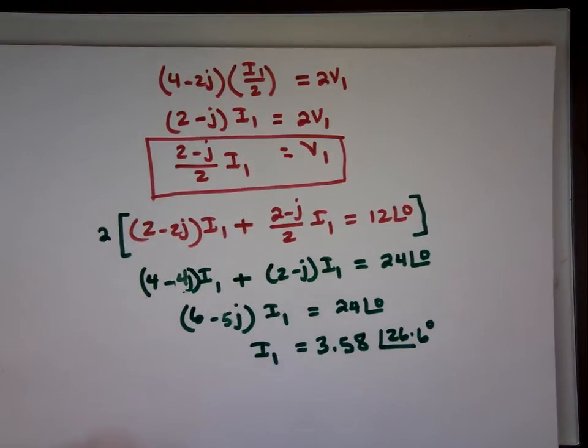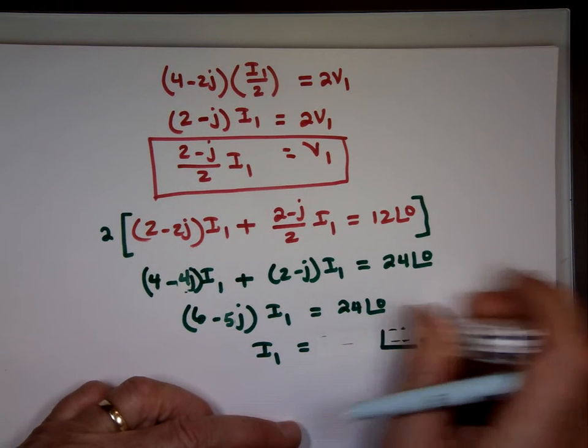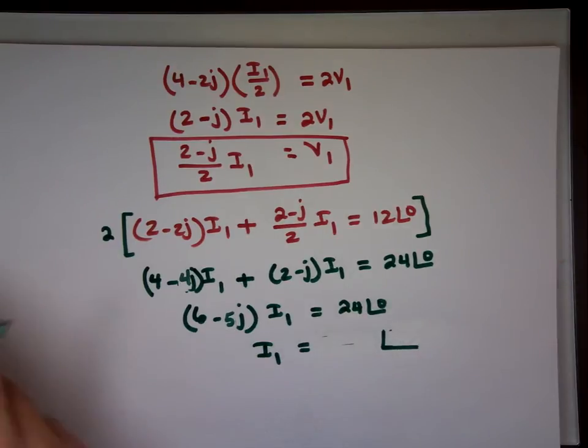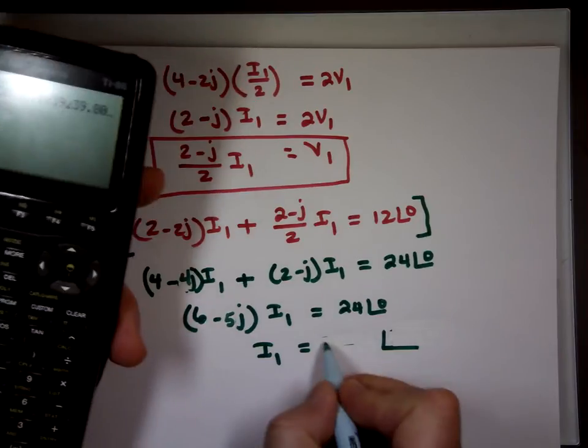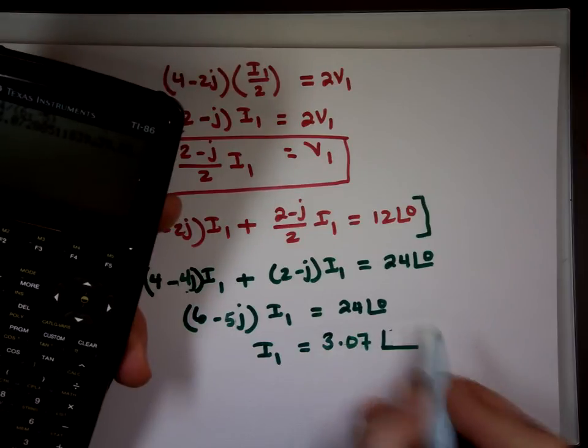It's going to change it a little bit there. 24 angle 0 divided by 6 minus 5j. 3.07, and the angle is 39.8.